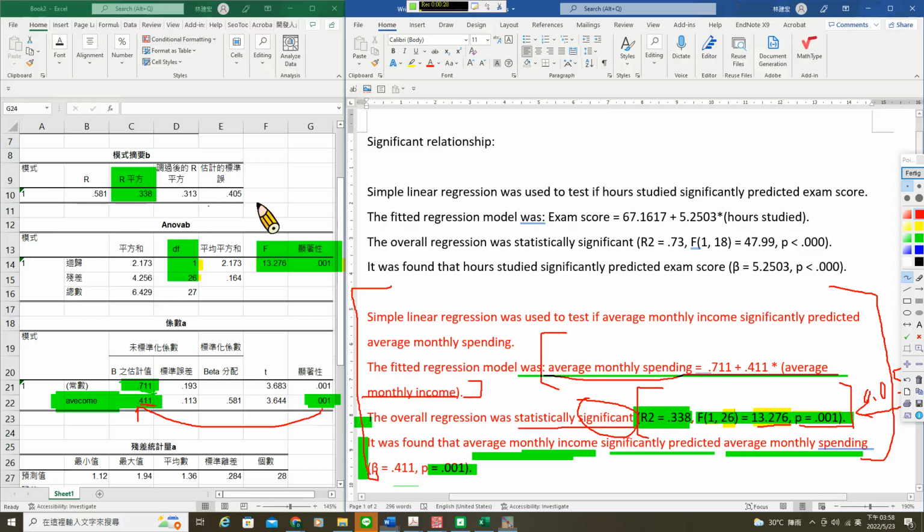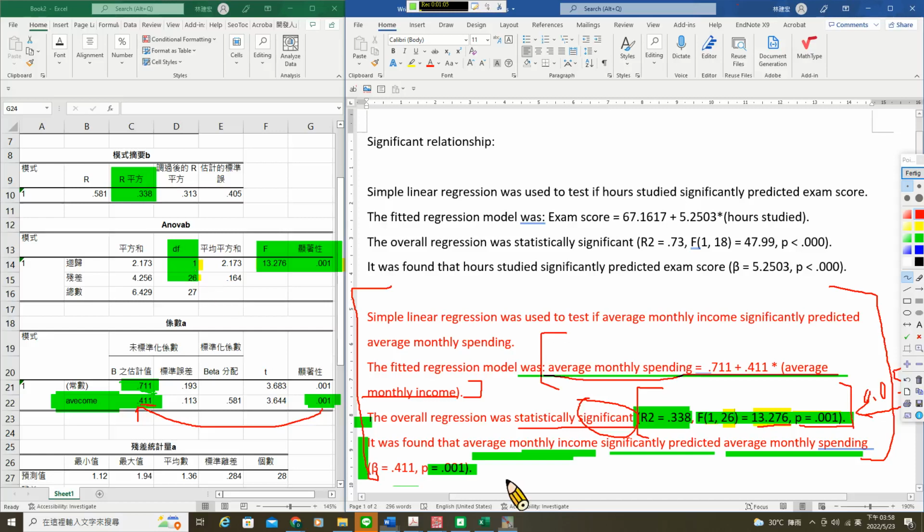R square, could you use your calculator to do the calculation? Let me calculate that for you. 0.581 times 0.581. Okay, did you see the number here? So we call R square actually the square of 0.581.